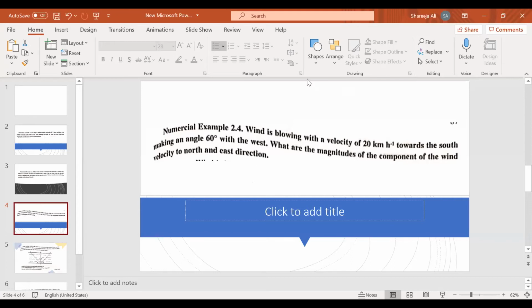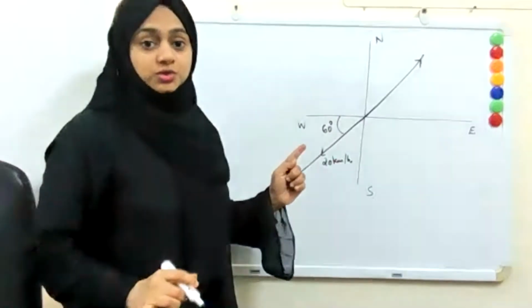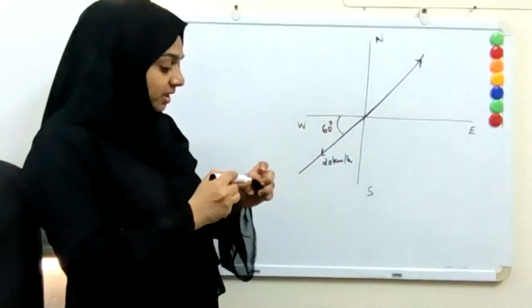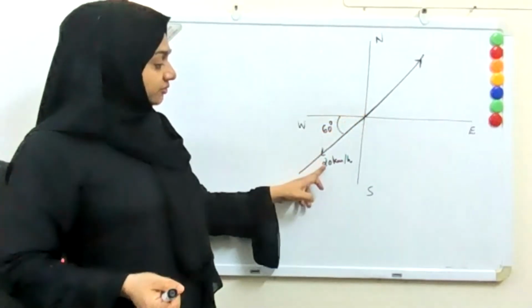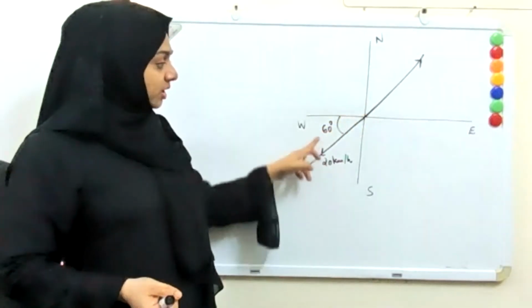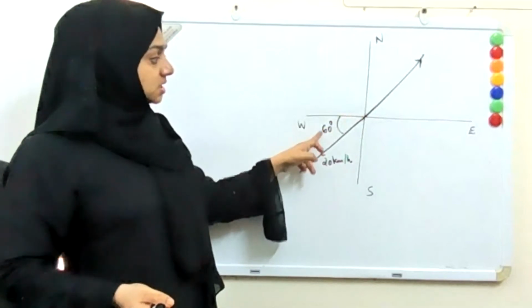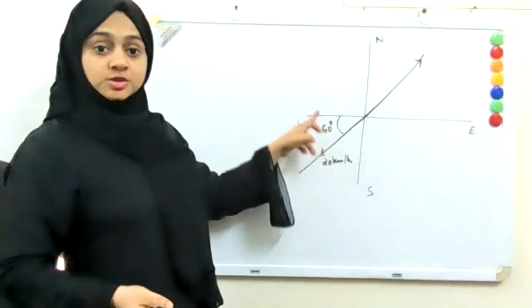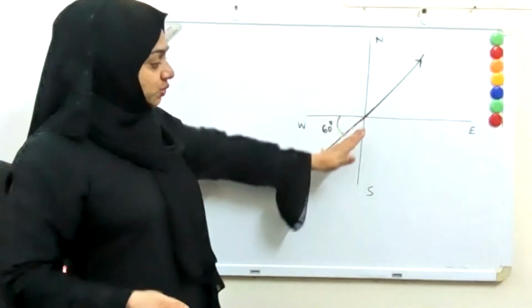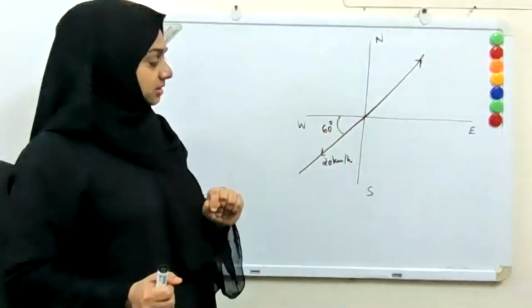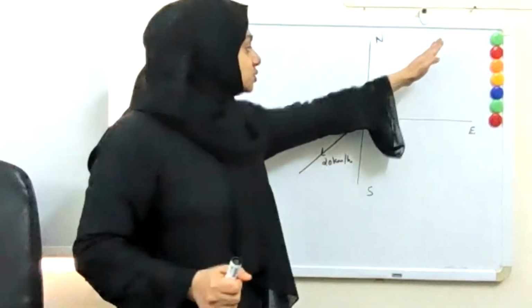So let me stop share and you can see the whiteboard now. I have tried to draw the same diagram. They told that wind is blowing in the southwest direction 20 kilometer per hour, making an angle 60 degree with the west. So between west and the wind, I have made the wind is towards the south, making 60 degree. So this is one line.